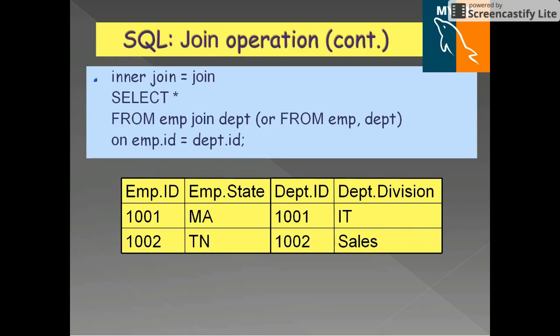For example, just write a simple command: select asterisk from the table names emp join department, or you can write from emp comma department, and perform the operation like on emp.id equals department.id, where emp id and department id are the same.